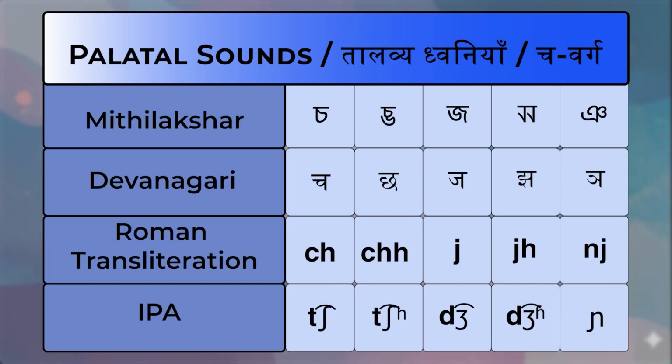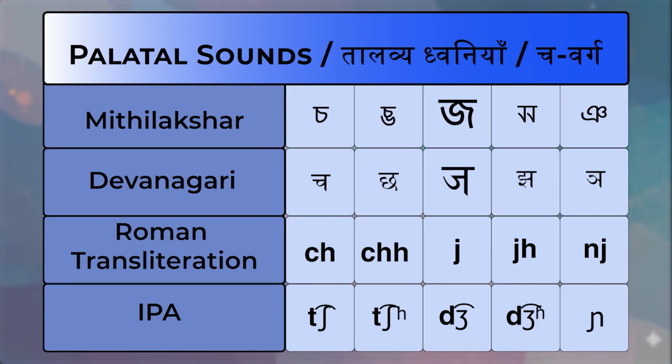The palatal sounds are the chavarg sounds because while speaking, they are produced with the help of our palate. Palate is called talu in Maithili, and therefore they are also called talabya sounds or aksharas. Let's practice them. This is letter Ch. This is letter Ch.